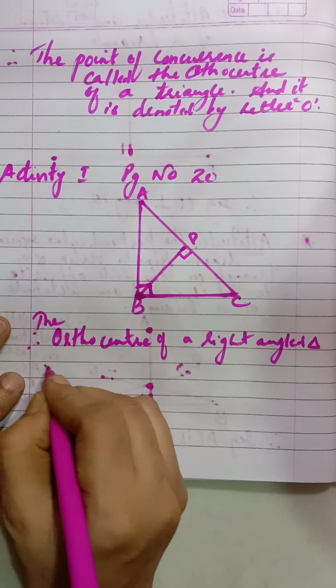So in the case of a right angle triangle, the orthocenter is nothing but the vertex of the right angle. And what is the vertex of the right angle triangle? Your vertex is nothing but B, point B, that is the vertex.